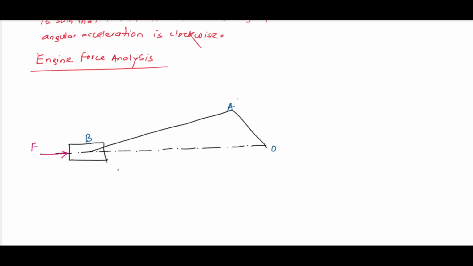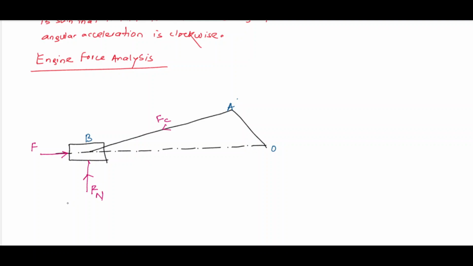Then we'll have a force along the connecting rod, denoted by Fc. Then we have a thrust on the side of the cylinder, Fn.